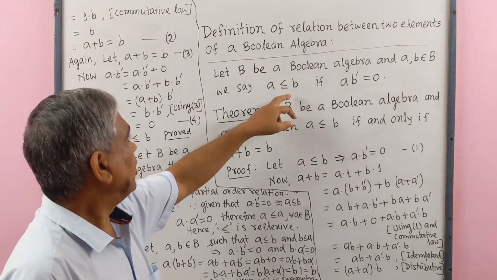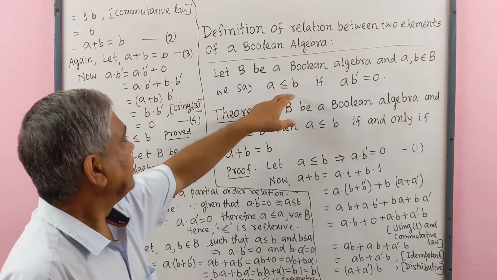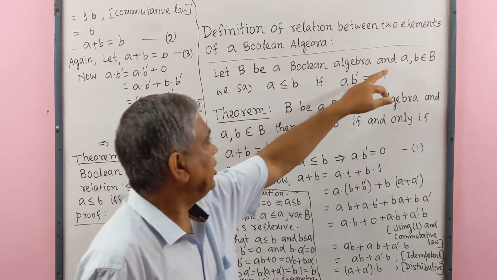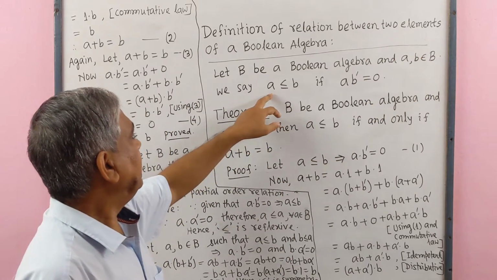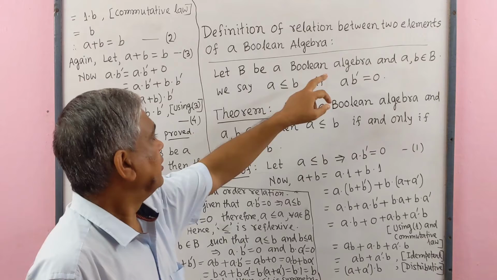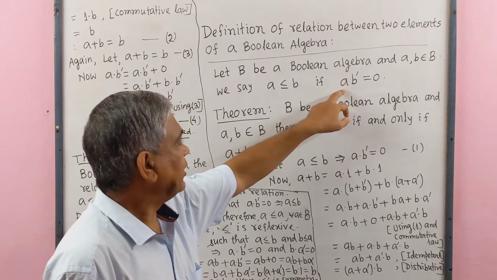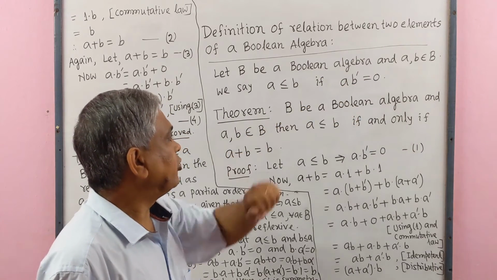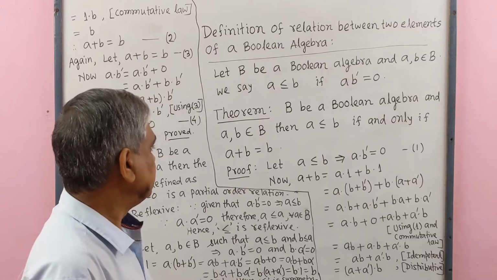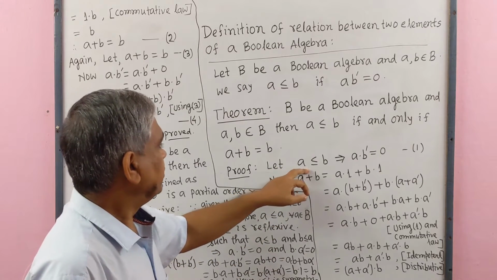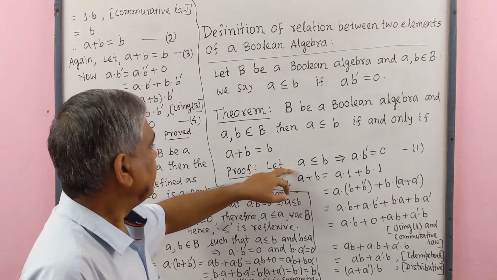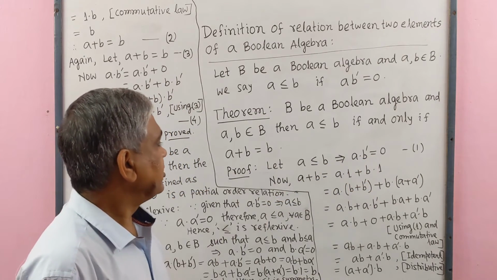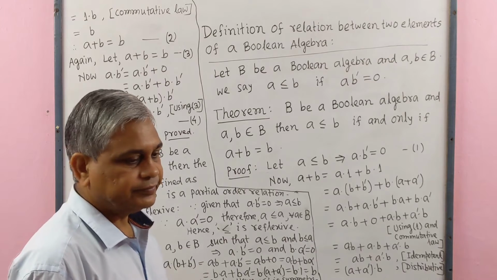Since we have already defined that if a, b belong to B, a is related to b if a dot complement of b equals 0. So this is our definition of relation between two elements a and b.